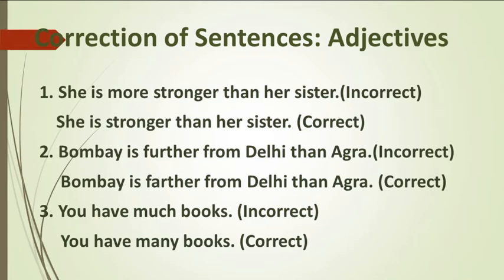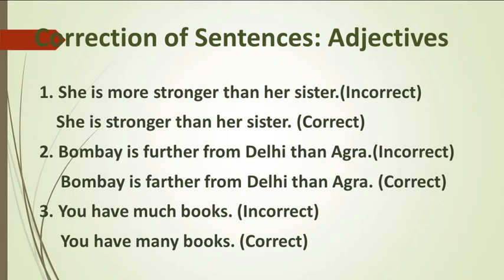The first example: She is more stronger than her sister. Wrong. She is stronger than her sister. The second one is right, because we do not use double comparatives in a sentence.